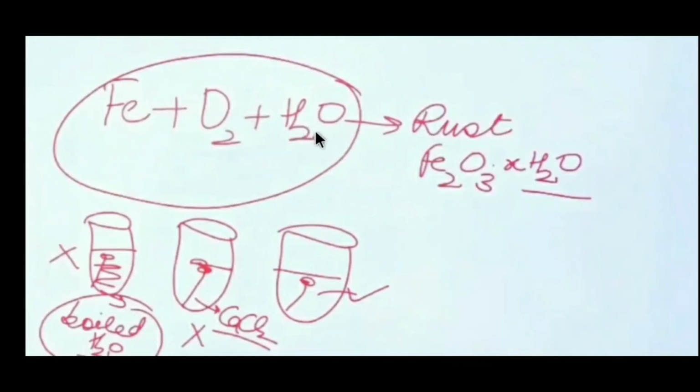Fe plus O2 plus H2O, it gives rust, Fe2O3 into H2O.